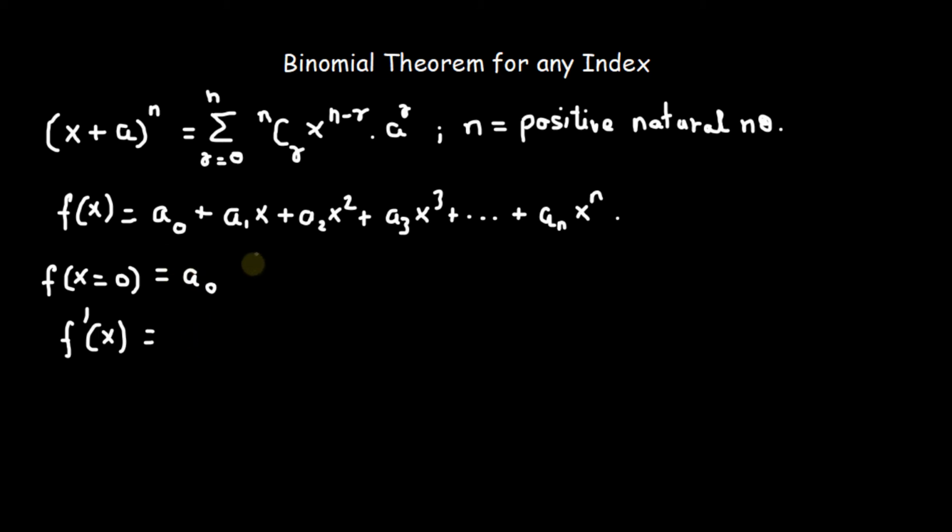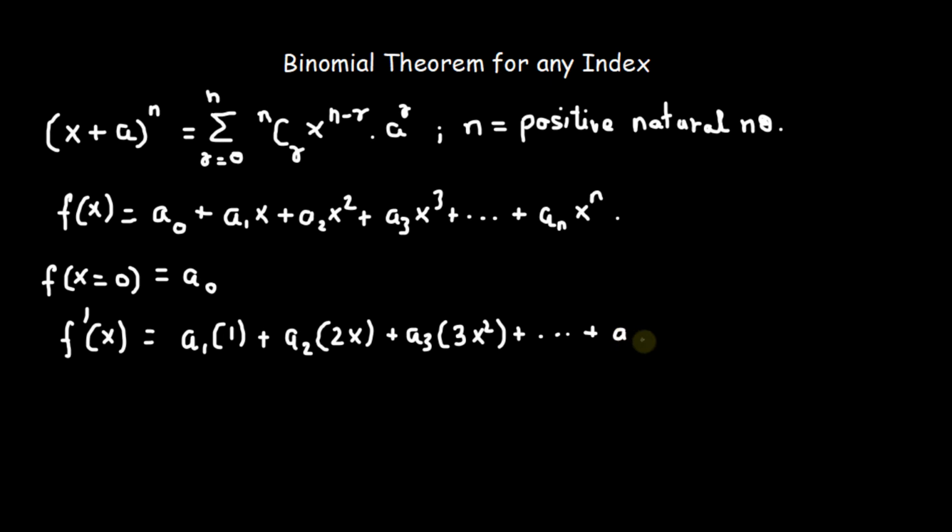We're left with the second term, which gives a1 times the derivative of x, which is simply 1, plus a2 times the derivative of x squared, which gives twice x, plus a3, the derivative of x cubed gives thrice x squared, all the way up to the nth term, which gives an times n x raised to the power n minus 1.